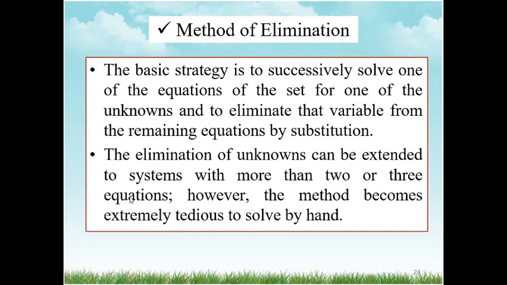From a practical point of view, if we deal with more than three equations, the calculation steps will be very laborious, very cumbersome. So we may not try using this method beyond three equations, because we have to do this by hand, and it will be a very messy process.